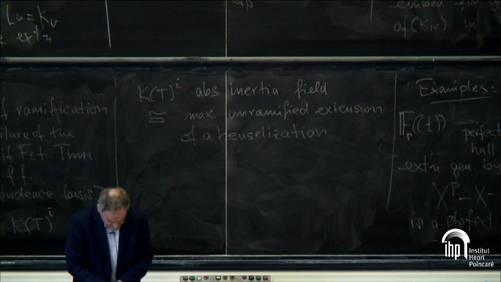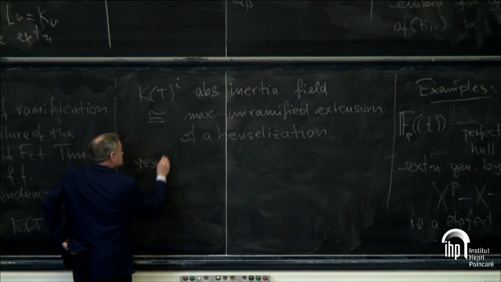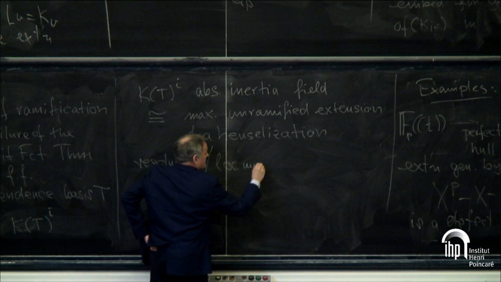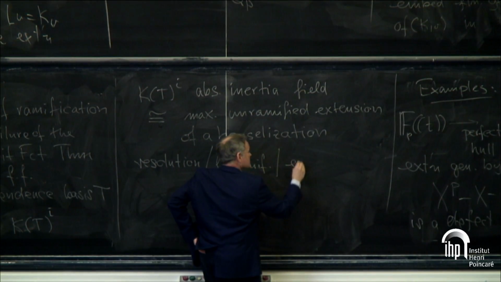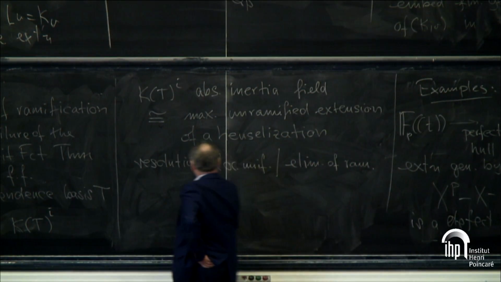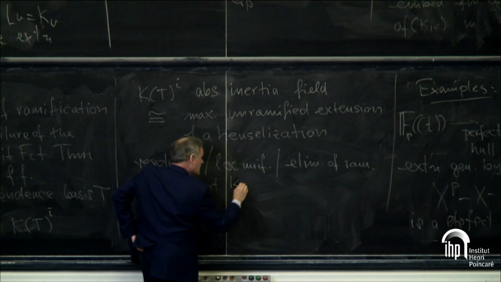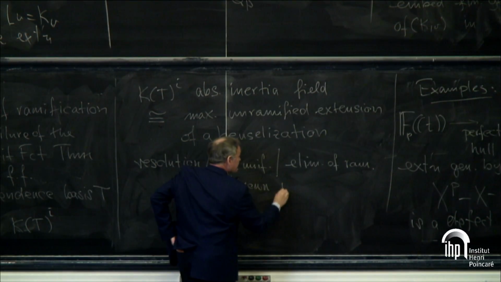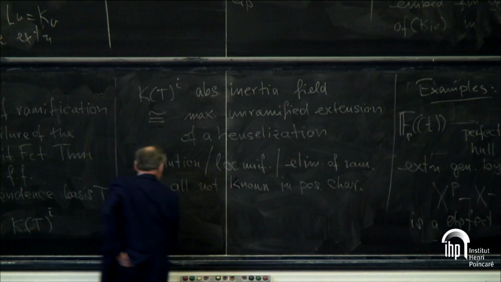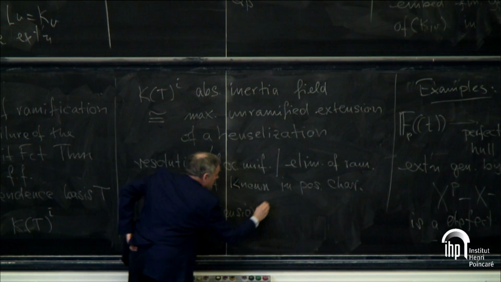And what's the state of affairs? Resolution of singularities, local uniformization, and not even elimination of ramification, all of them are not known in positive characteristic in dimensions bigger than 3.